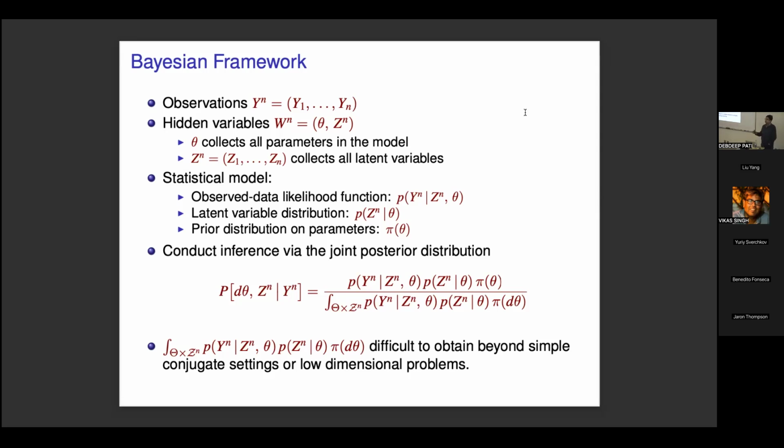All the inference would be based on the joint posterior distribution on the parameters and the latent variables given by the Bayes formula. So much of the problems that we see in Bayesian computation or in general approximate Bayesian methods stem from the intractability of the normalizing constant, which is difficult to obtain beyond very simple settings or in low-dimensional problems where it's actually possible to numerically integrate.